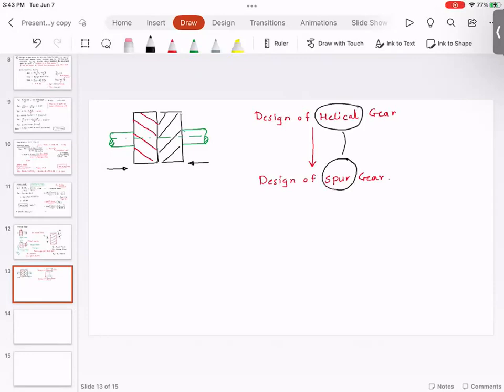And that is done using finding the equivalent number of teeth. So T is number of teeth on helical gear. TE is equivalent number of teeth on spur gear.